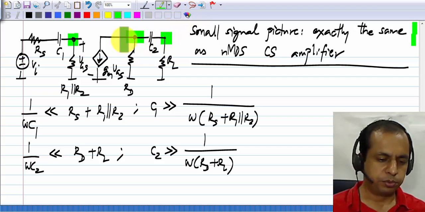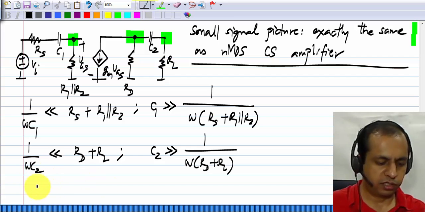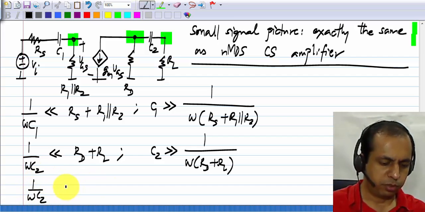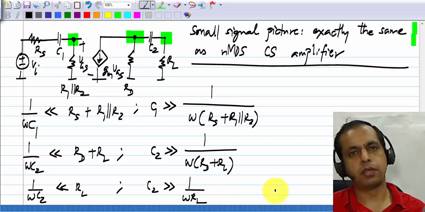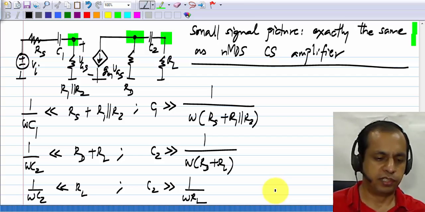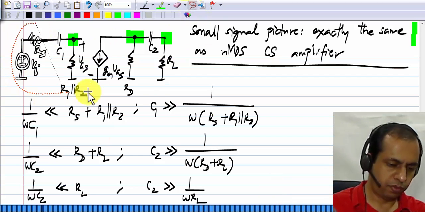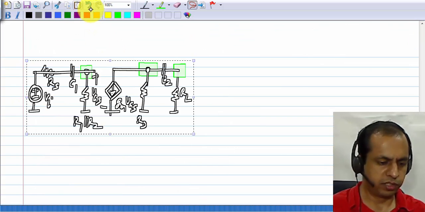So that's why we want the drain voltage to be the same as the output voltage, and the condition for that is omega C2 has to be much smaller than RL, or C2 has to be much greater than 1 over omega RL. And once these conditions are satisfied, the capacitors do behave like short circuits.